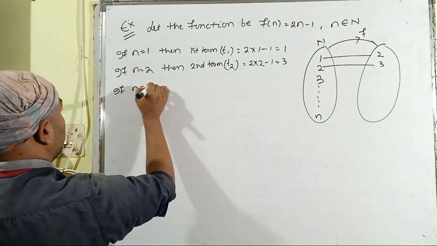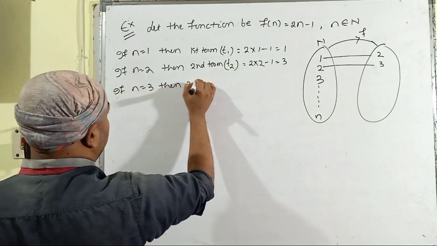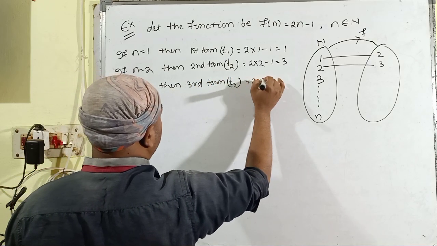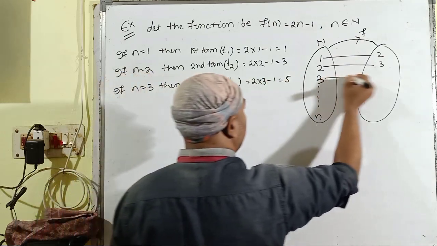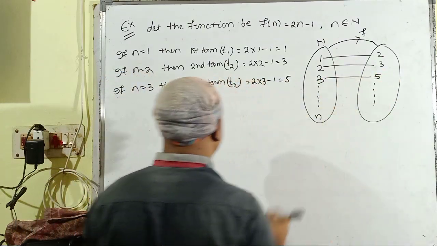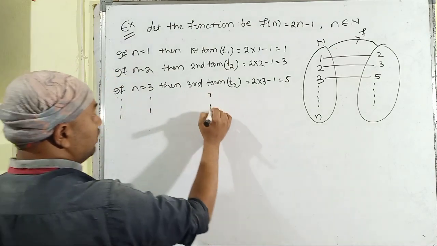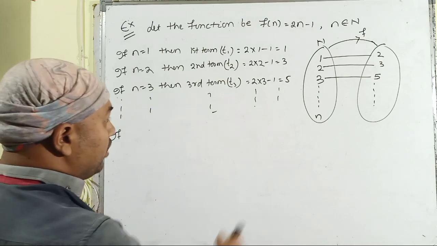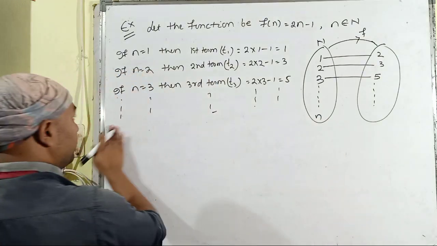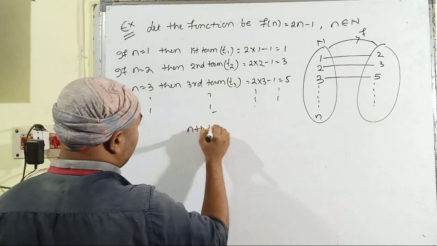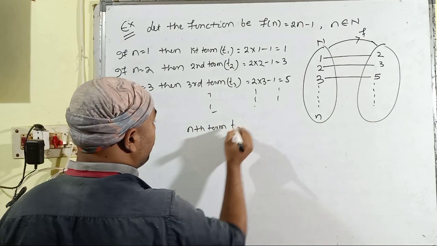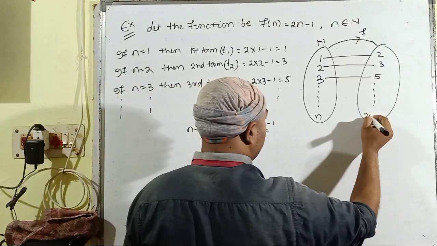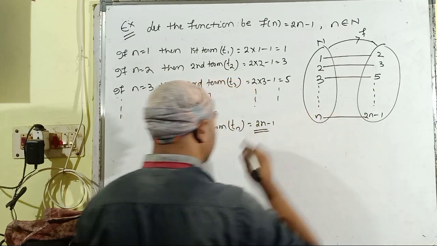If n is equal to 3, then the third term t3 is equal to 2 into 3 minus 1, that is equal to 5. Similarly, the nth term tn is equal to 2n minus 1, that means it is the general term.